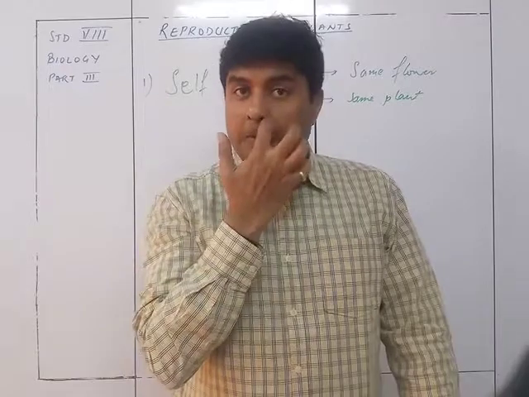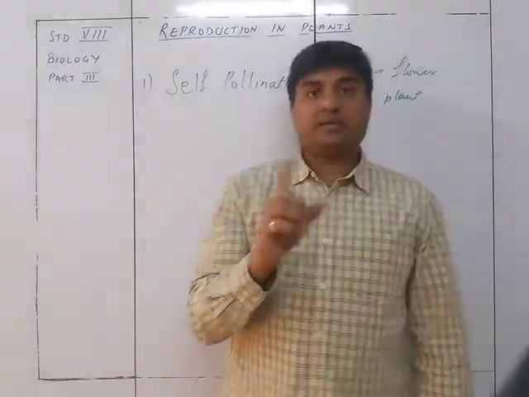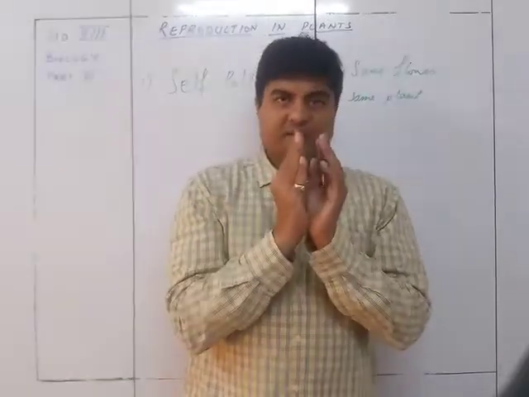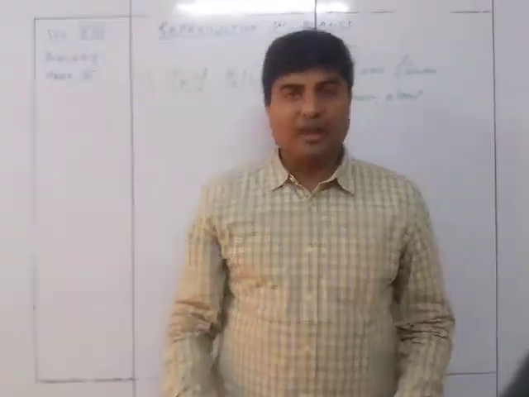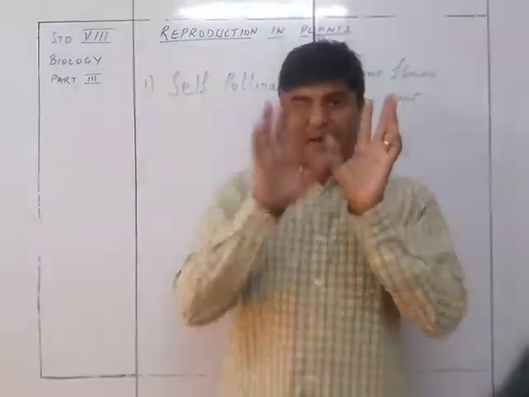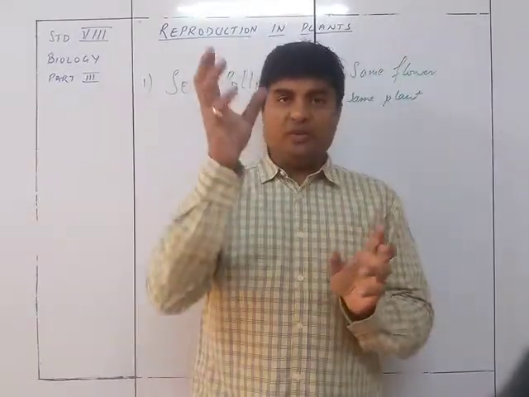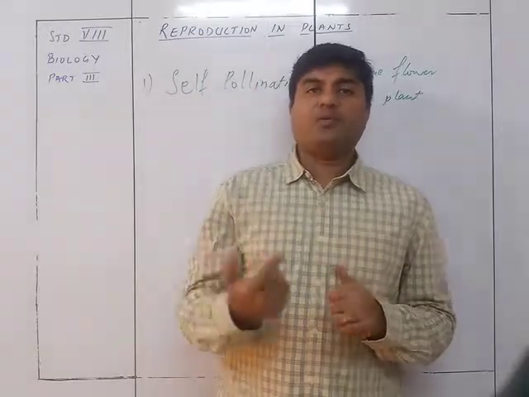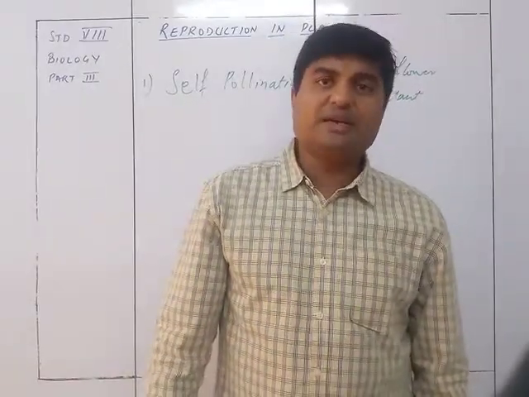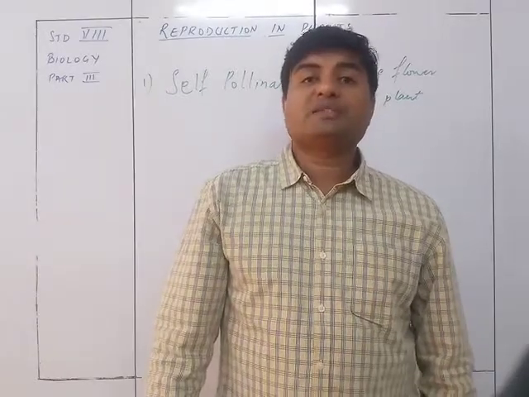So self-pollination could be, in case of a bisexual flower, between two flowers or the same flower itself. But if it is a unisexual flower, then it could be the same plant with two flowers, one male, one female, and the pollen grains are going from one flower to another and pollinating them. So in that case, it is going to be self-pollination.